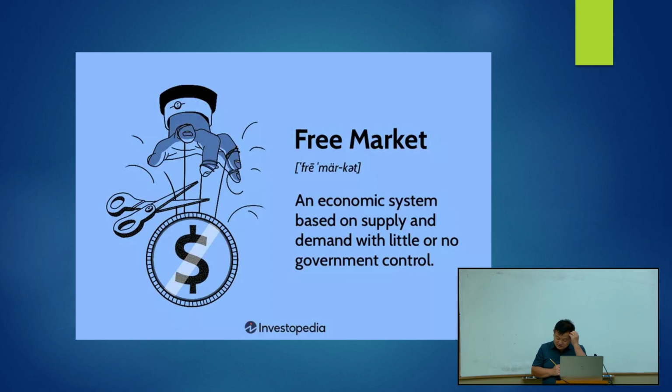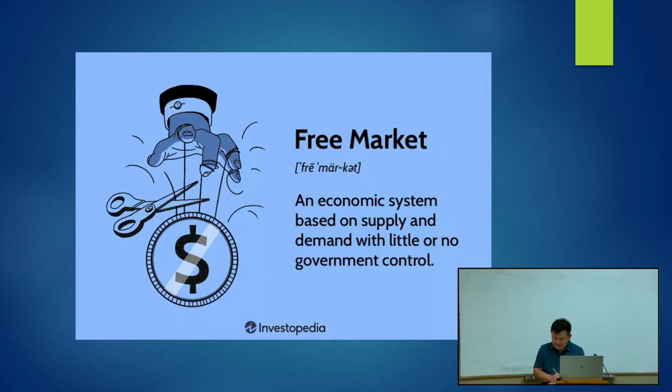So the free market is characterized by a spontaneous, decentralized order or arrangement through which individuals make economic decisions. We have many kinds of situations involving decision making. Buy or not, produce or not.